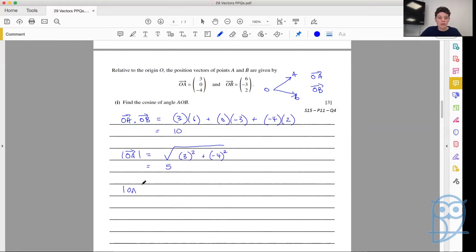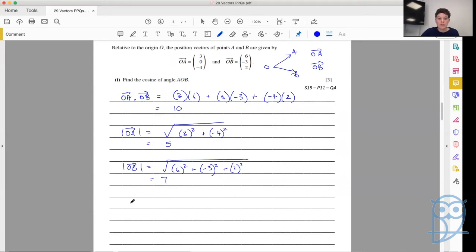Magnitude OB equals square root 6 squared plus minus 3 squared plus 2 squared. Magnitude of OB is going to give us 7. So, very nice and straightforward.